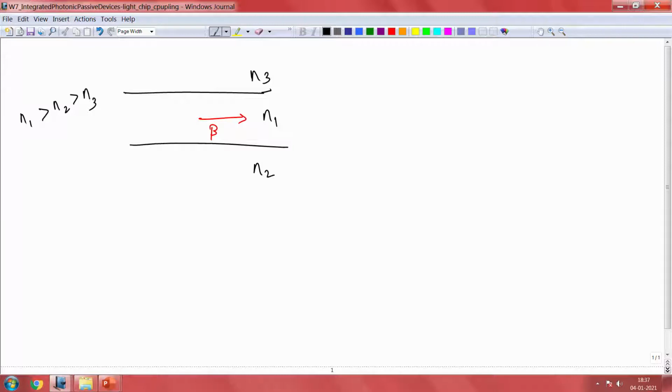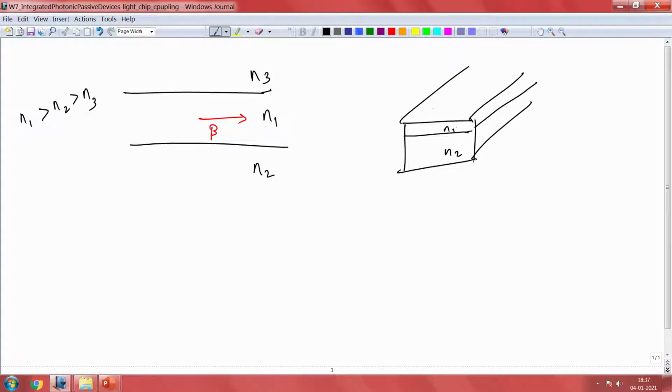So I am going to take a very simple optical chip. This is your N2, this is N1, and N3 is on top. Now there are two ways to couple the light into this. I have access in two ways. One is top access, the other one is the side.